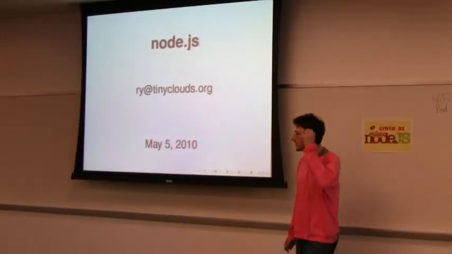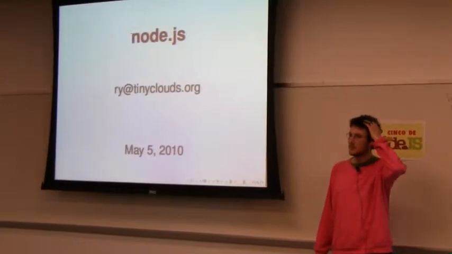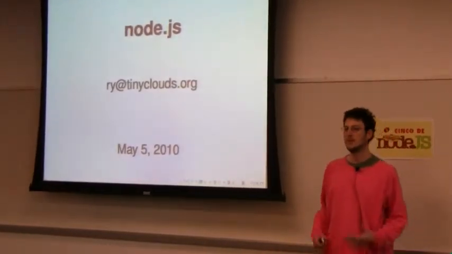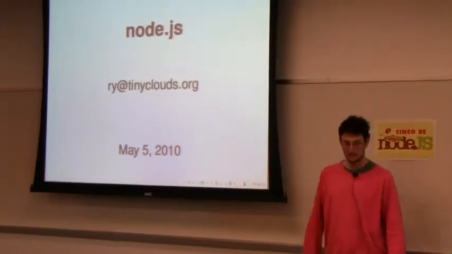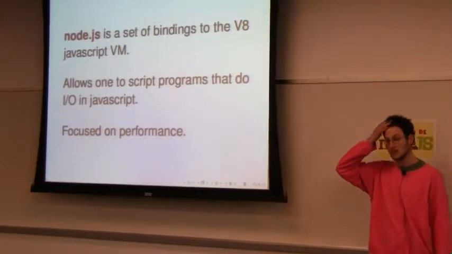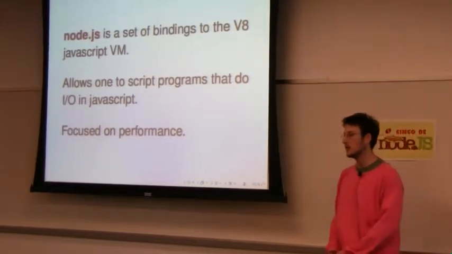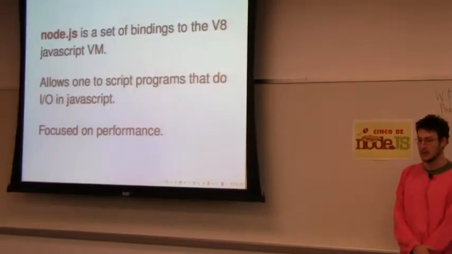I'm going to just give you a little introduction to Node and what its goals are and what it does. So just really briefly, Node's a set of bindings for Google's V8 JavaScript virtual machine.